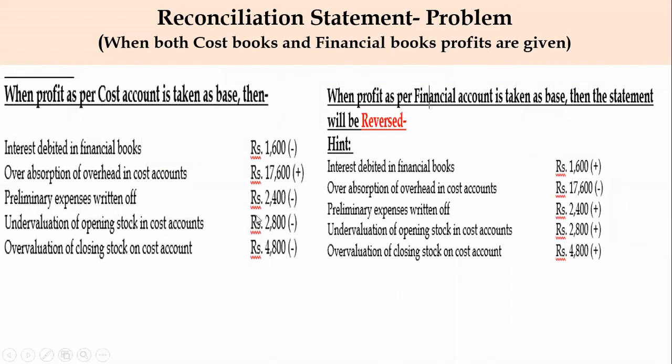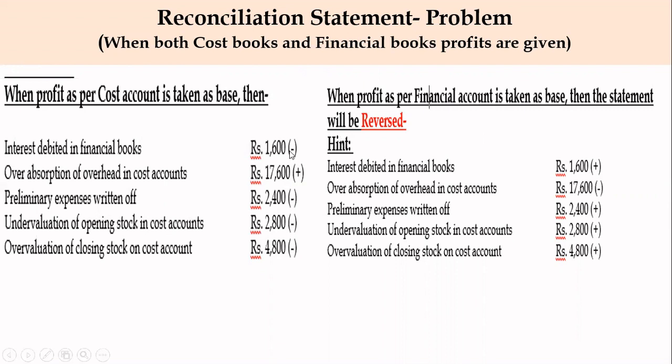When you see the right side of the slide, when profit as per financial account is taken as base, the whole statement will be reversed. You can compare the right side and left side here. When we take profit as per cost account, these will be the points which we are going to add and deduct. When we take profit as per financial account, the format will be reversed.